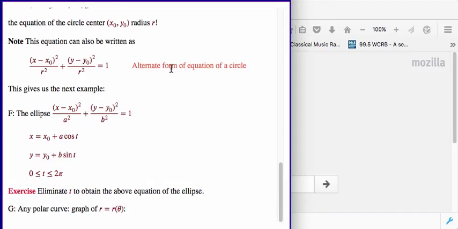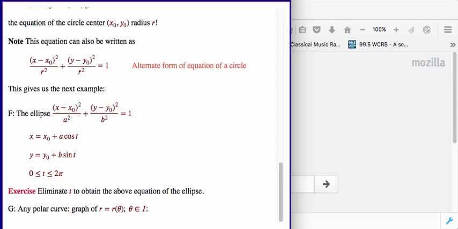Example G is, again, a kind of general example. We saw in the third example how to parameterize any graph of a function of x, y equals a function of x. Now we're going to parameterize, I should say, a polar curve. r is a function of theta, and theta would be in some interval I, as shown over here.